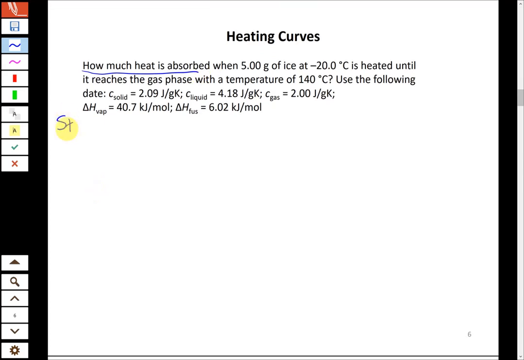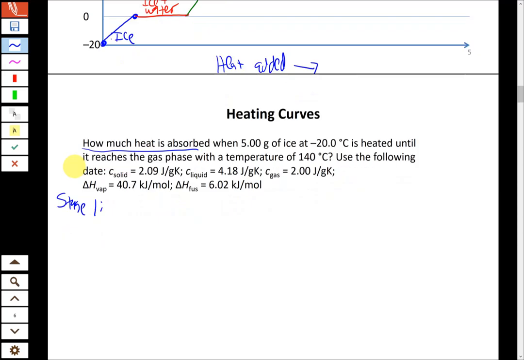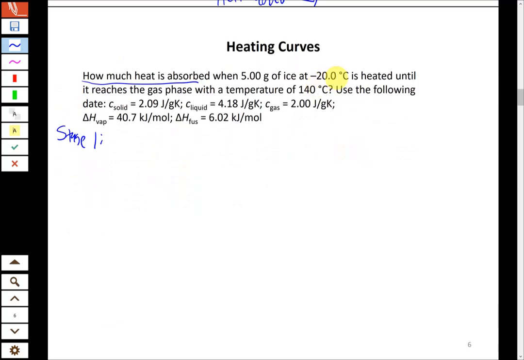All right, so stage 1, which again is going to be represented here with this blue line. I'll try to do these in the same color as the previous slide so you can see the correlation. So stage 1 is heating up the ice from minus 20 degrees to 0 degrees.